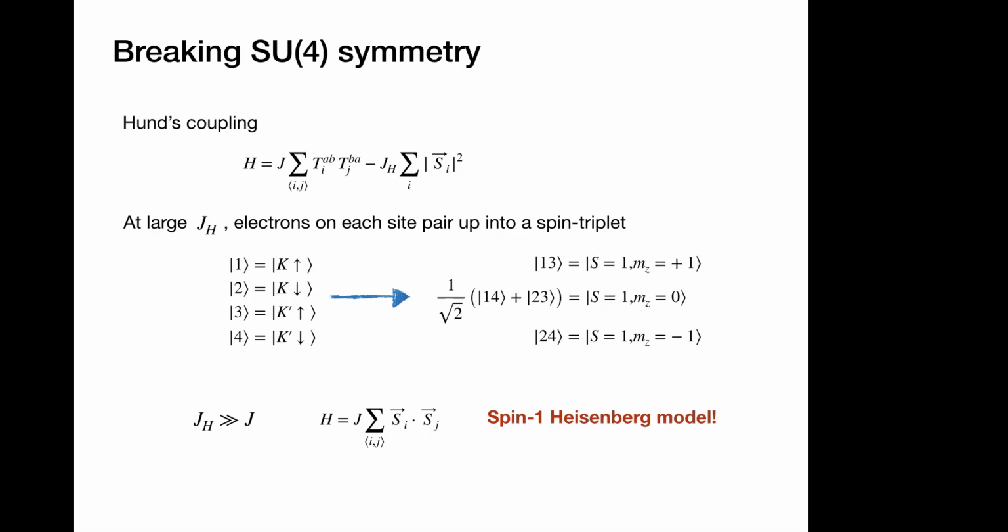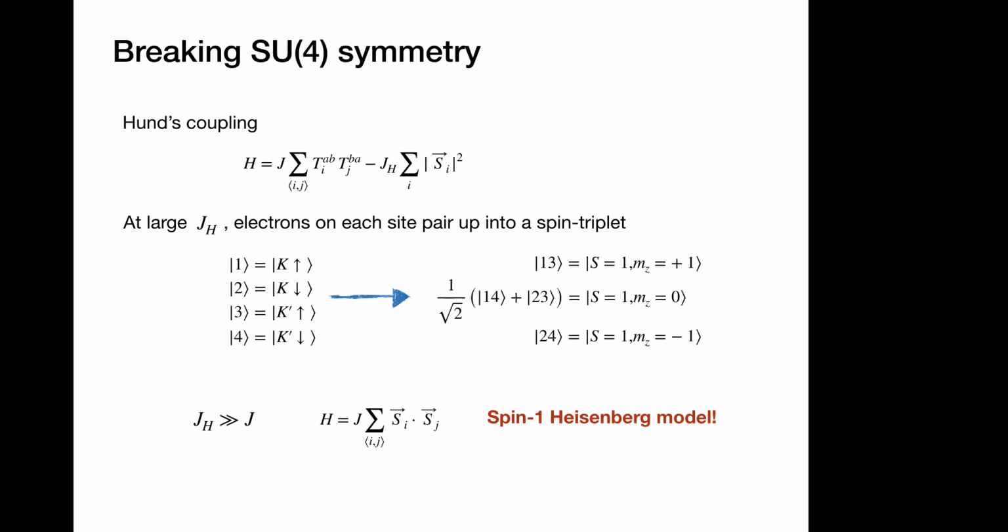So out of the six low energy states on each site, we will remain only with 3 low energy ones, which correspond to the spin triplet and valley singlet states. And then at the lowest order in J, what we get is basically a spin 1 Heisenberg model.